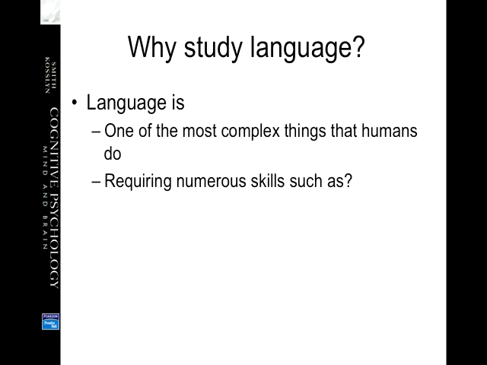So why should we study language, and why should we especially study language acquisitions? It really is one of the most complex things that we do. And if you think about the skills you have to have for language, so to be able to speak, we had to have a special type of vocal cord system that we're the only animals that have.